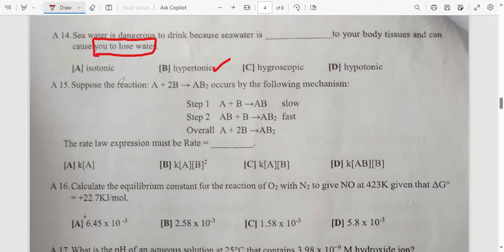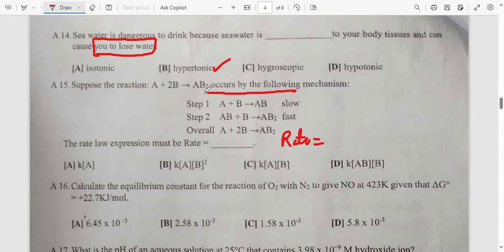Okay. Suppose the reaction A plus 2B producing A plus B2 occurs by the following mechanism. The rate law expression must be rate is equal to... When you are writing the rate law expression, you use the rate of the slow reaction.